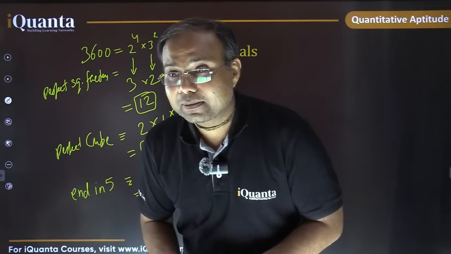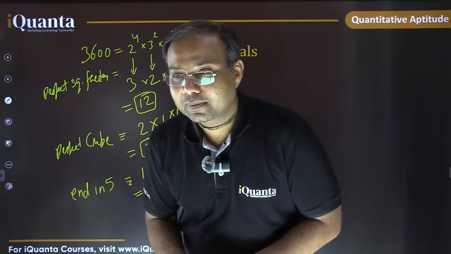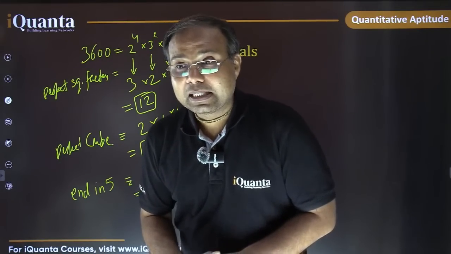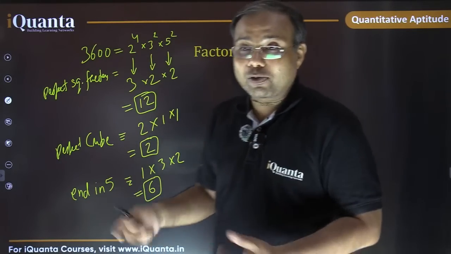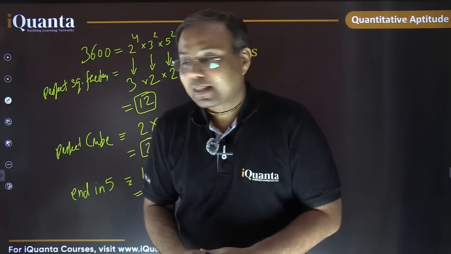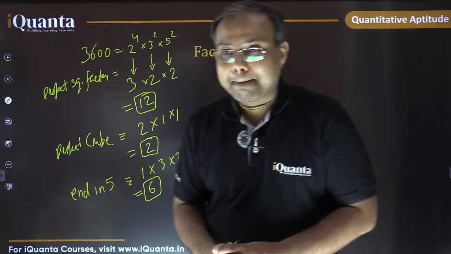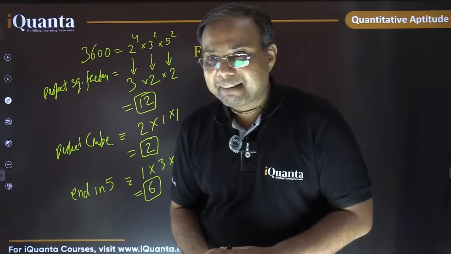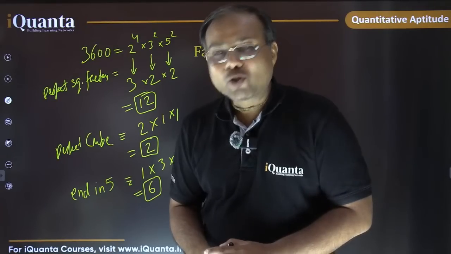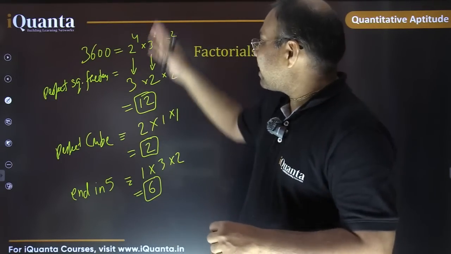Is it okay? Yes, exactly. Minimum 1 power of 5 and exactly 1 power of 2, that is 2 power 0. Or remove 2, we can say. Yes, that's true. Is it fine? Is it clear? So basically, we need to take care of all the constraints there.